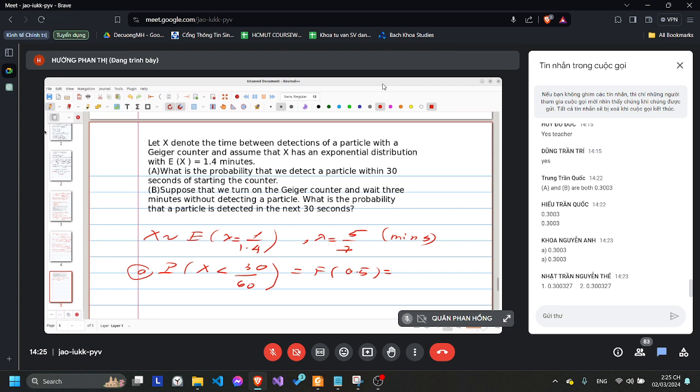F of 0.5 is 1 minus e power minus lambda, 5 over 7, multiplied by 0.5. So we have 1 minus e power minus 5 over 14. Okay, so we have that.